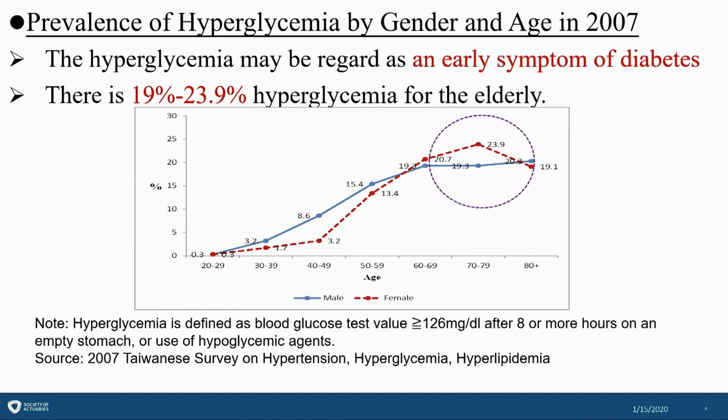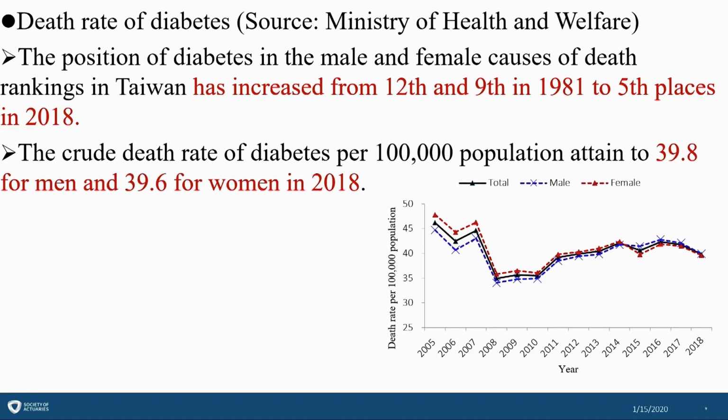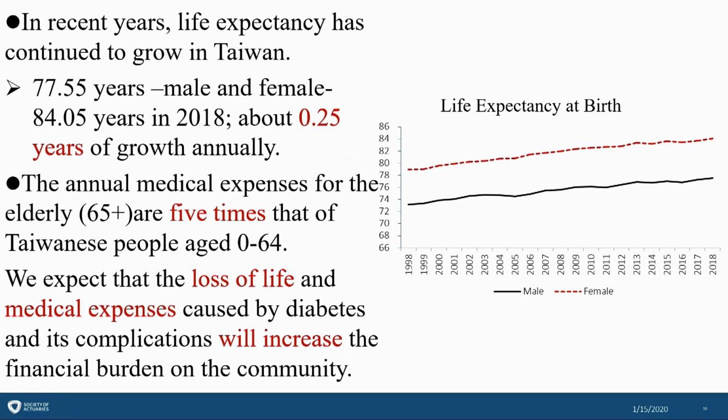So we can also see that hyperglycemia may be regarded as an early symptom of diabetes. It affects 19% to 24% of the elderly. Moving to the death rate of diabetes, the current death rate of diabetes per 100,000 population reached 40 in 2018.